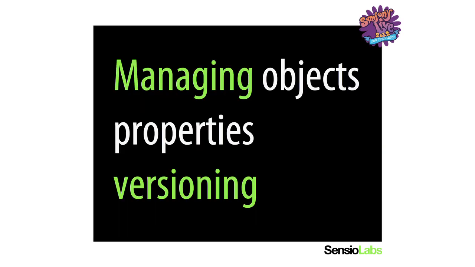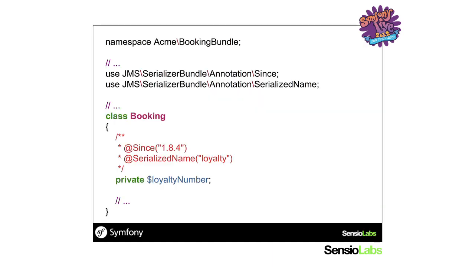You can also manage versioning, which is a quite interesting feature. Sometimes you add new information to your objects, and you want to keep track of the versions of your API, for example. So let's say my booking object has a loyalty number property, which is available since version 1.8.4, for example.